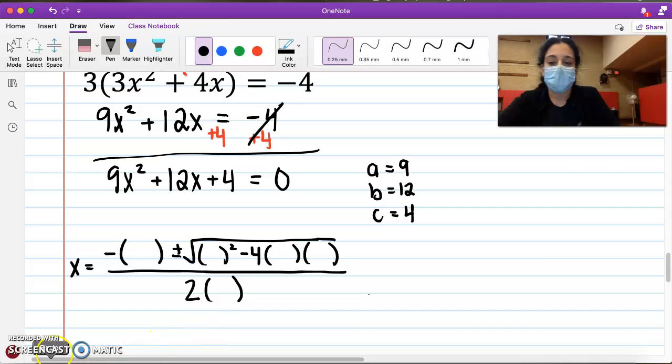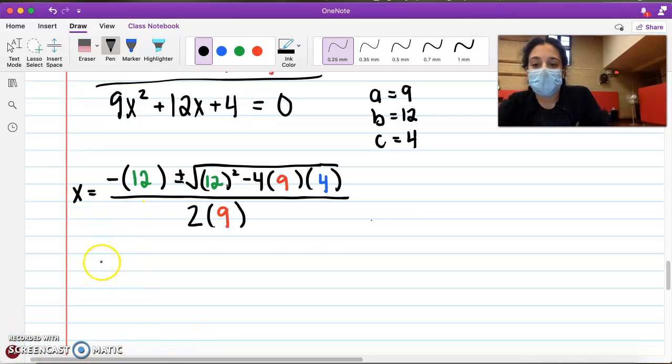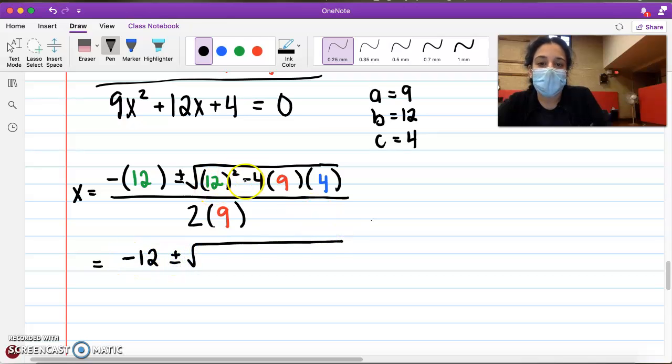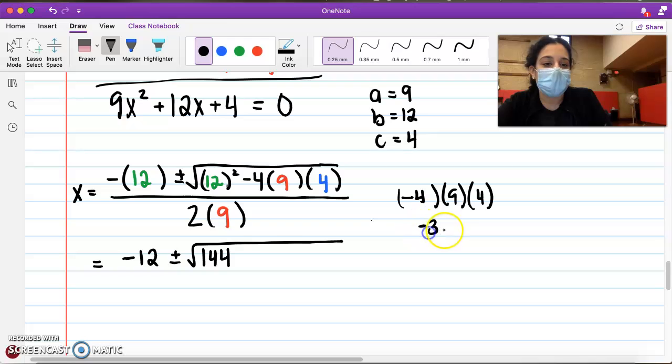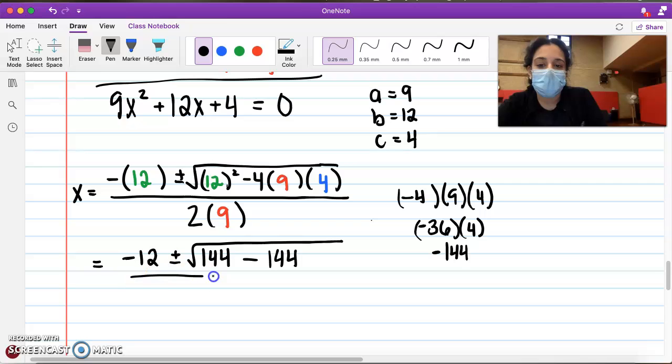Now, we got to plug all those in. So I've already plugged all those values in. So we have -12 plus or minus the square root of what? 12 squared is 144 minus, so minus -4 times 9 times 4. So -4 times 9 is -36, times 4 is -144. So I get 144 minus 144 over 2 times 9 is 18.